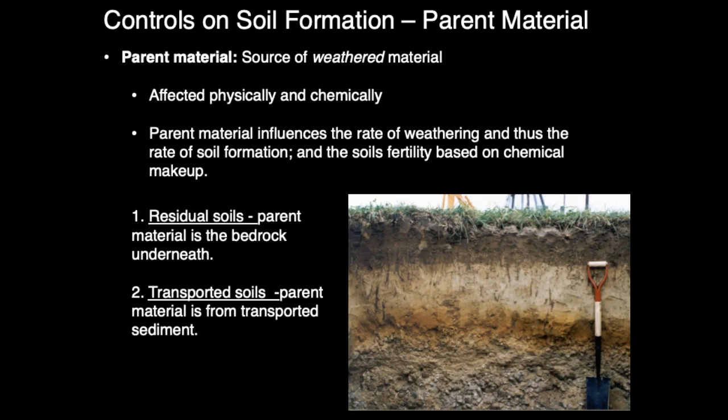If the parent material is the bedrock underneath, the soils are termed residual soils, something that resides. By contrast, soils developed on unconsolidated sediment that came from far away are called transported soils.